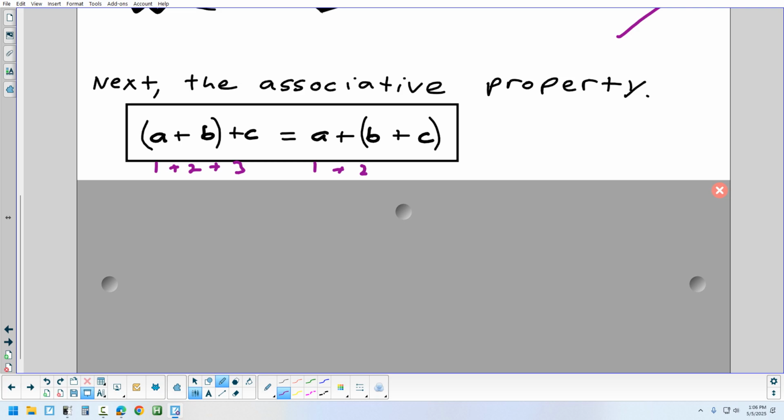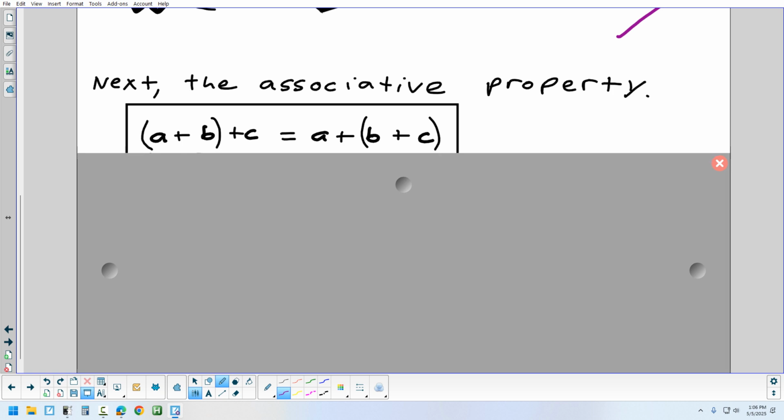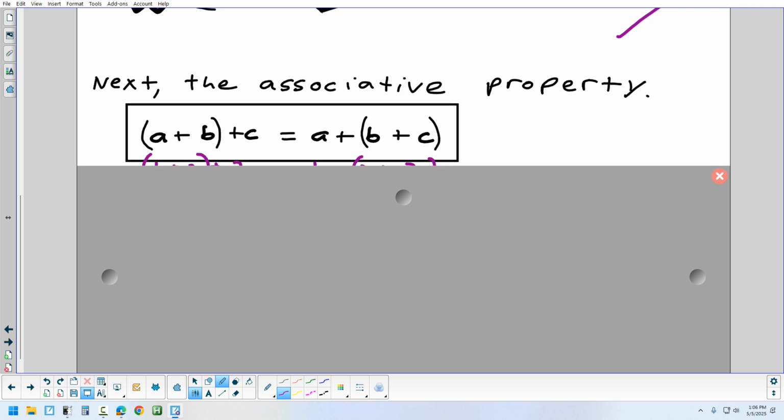Will you still come out with the same number? It still comes out exactly the same, because addition always will be the same. So that would be 3 plus 3, which is 6. This would be 1 plus 5, which is 6. You can do exactly the same thing with arrows. It comes out the same. Okay, so commutative property and associative property work for vectors.